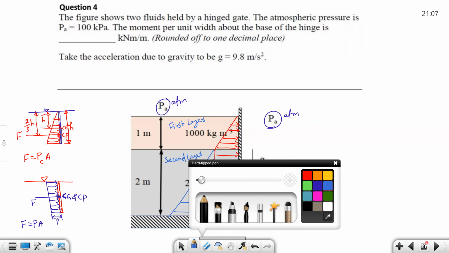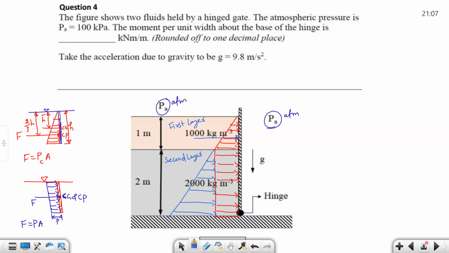First, we take the force F1, due to this. The resultant force F1 is acting on this. So this will be the center of pressure, which will be two by three into one.